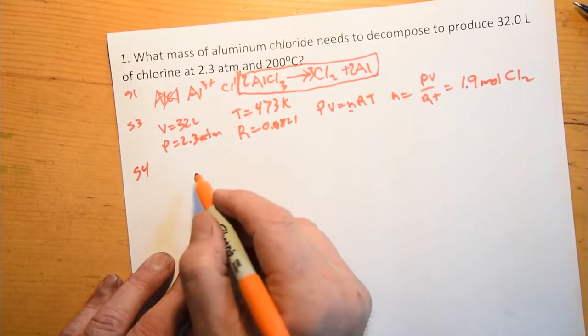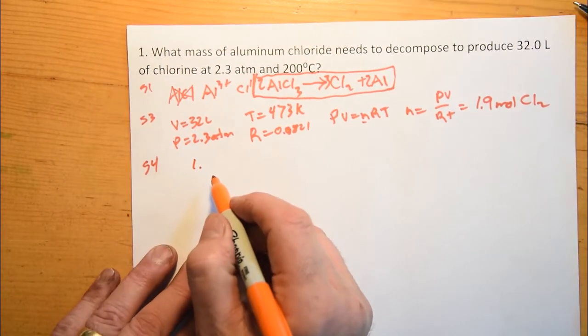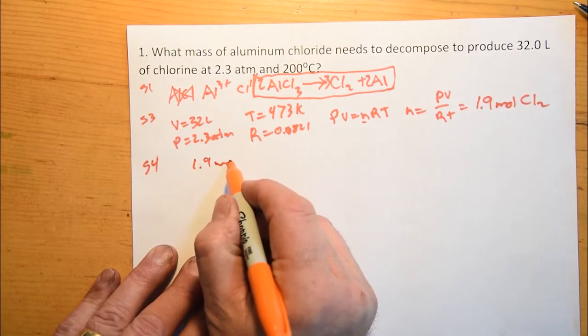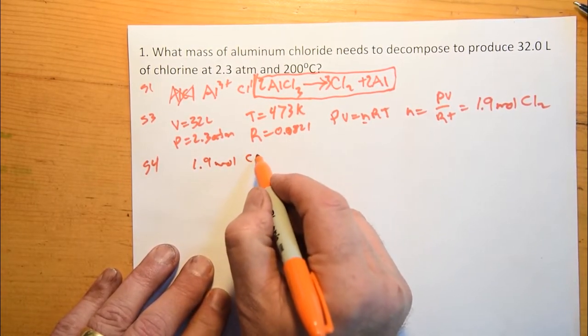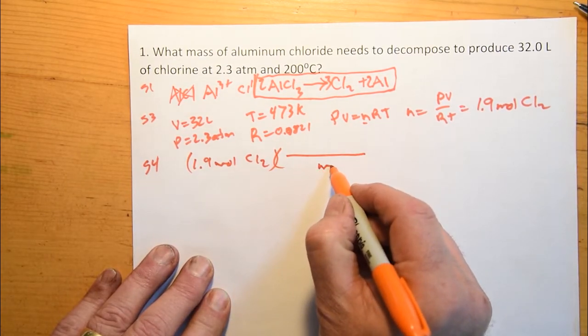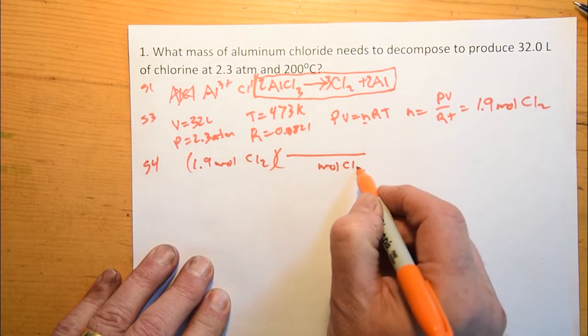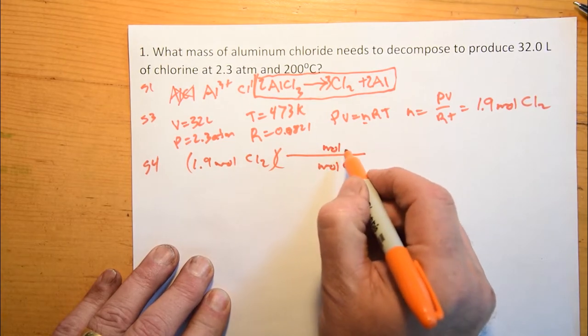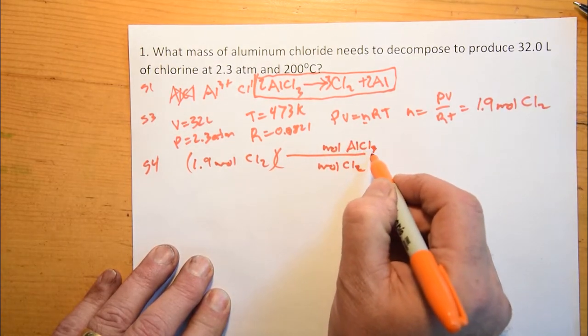Right. So we have 1.9 moles of chlorine gas, and so we need moles of chlorine on the bottom. We need moles of aluminum chloride on the top.